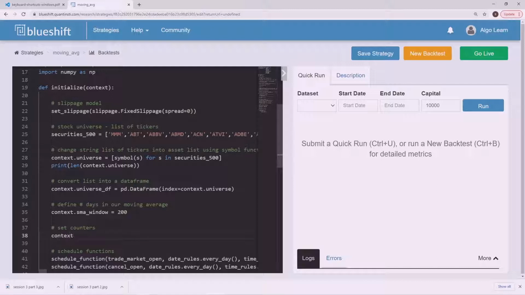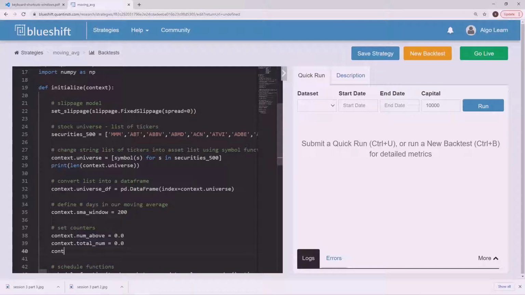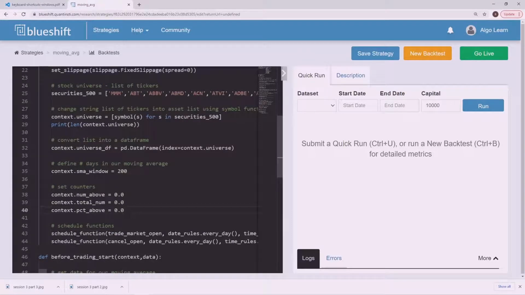So context.num_above equals 0. This will be the number of stocks above. And then context.total_num for the total number of stocks. And then context.percentage_above, 0.0. Okay, so we set our counters in the initialize function.